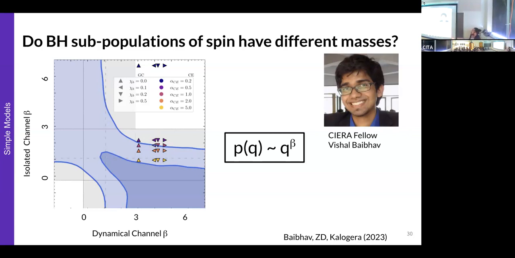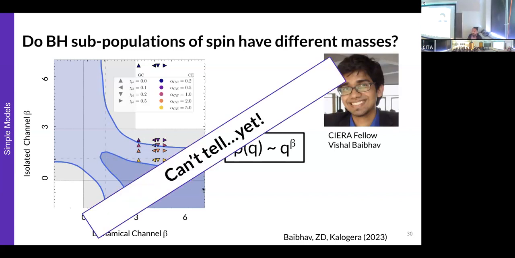So at least in terms of the astrophysics, this seems to be in the right direction, but we just need more data to actually empirically measure whether this is happening. Again, we can't quite tell what the answer to this question is, but we're getting closer. So we're hopefully going to find something interesting soon.